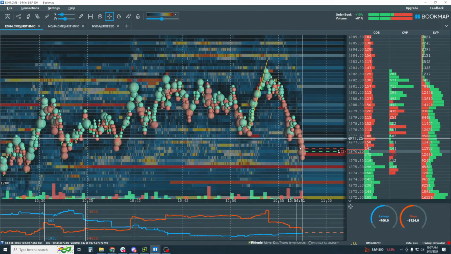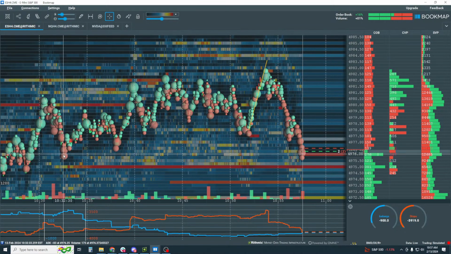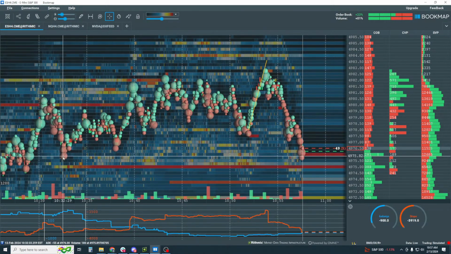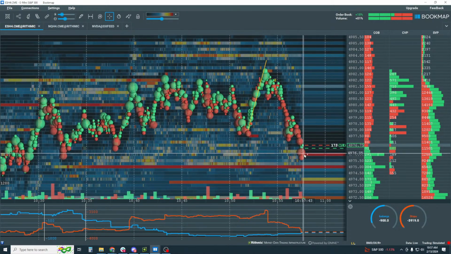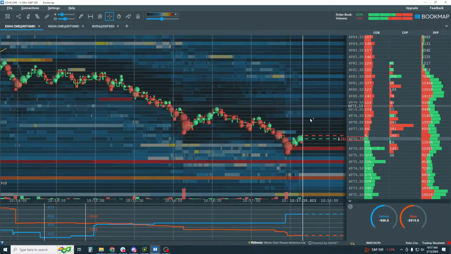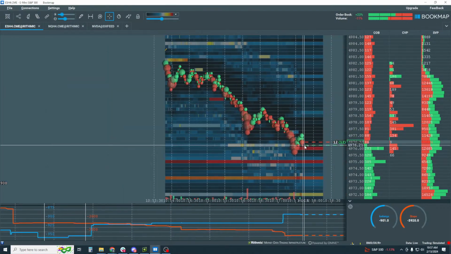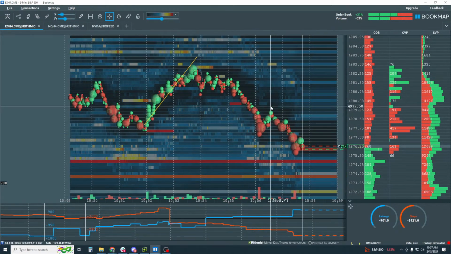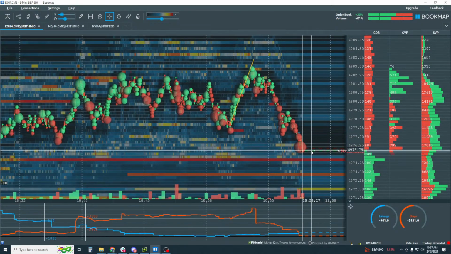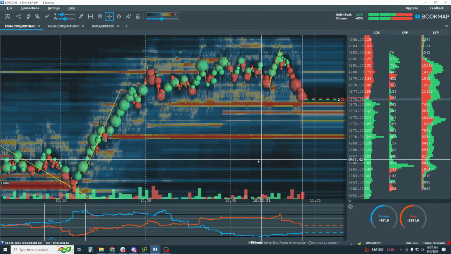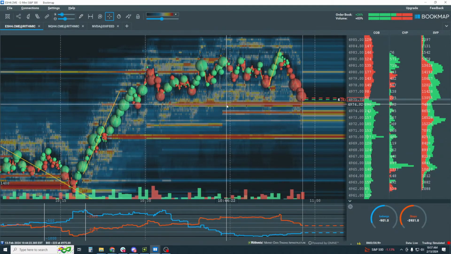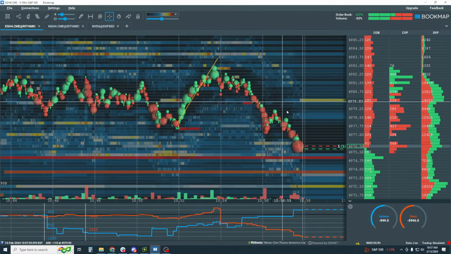Okay, that's pretty extended now, back down into these areas here. Okay, so now if we get a stronger bid down here and we start to see some buyers, we can look for a pullback. And let's see now. So maybe a little bit lower here, this liquidity. Okay, would love to see a big stop run here.